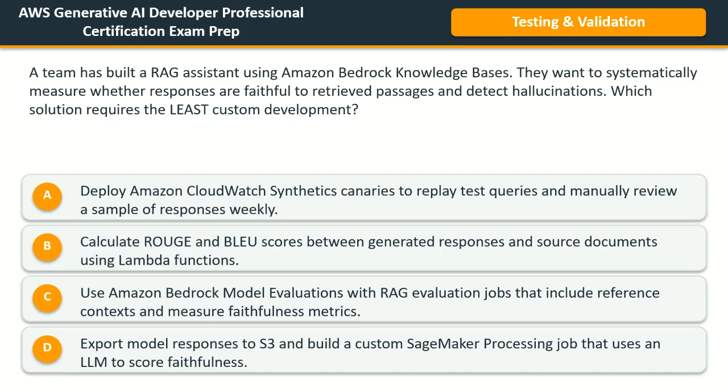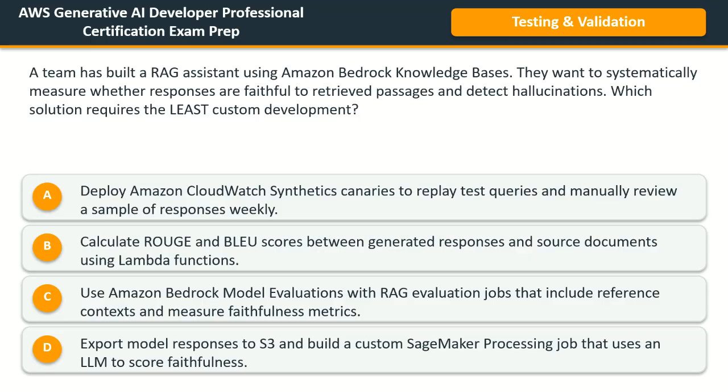C. Use Amazon Bedrock model evaluations with RAG evaluation jobs that include reference context and measure faithfulness metrics. D. Export model responses to S3 and build a custom SageMaker processing job that uses an LLM to score faithfulness.